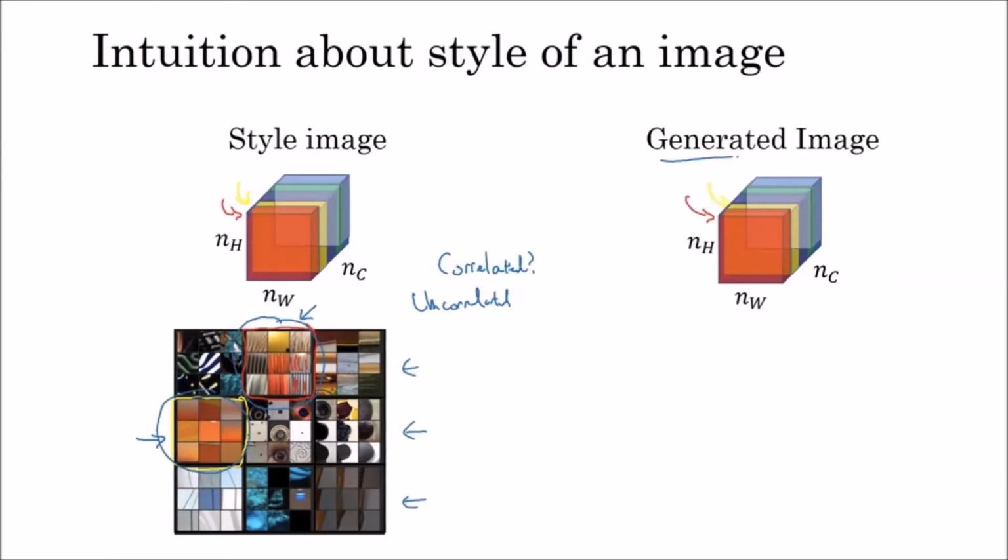We measure the correlation across the different channels of this layer for the style image, and we measure the correlation across the different channels of the generated image. We call that the style, and we measure the difference between the style of the style image and the style of the generated image.